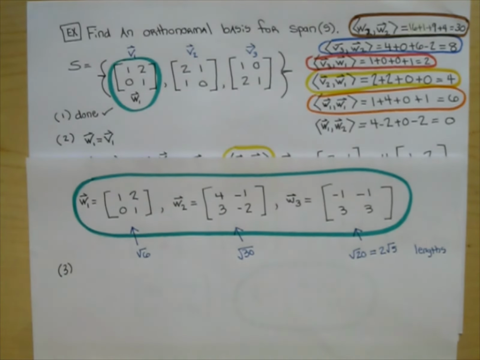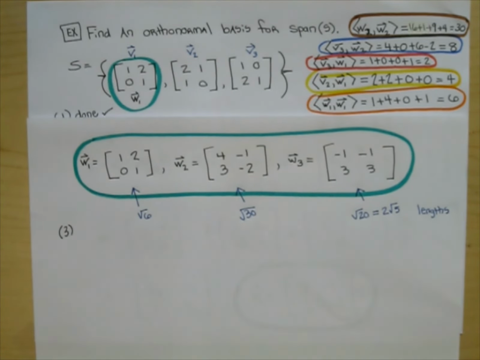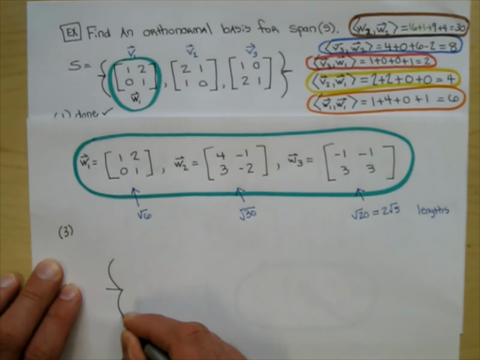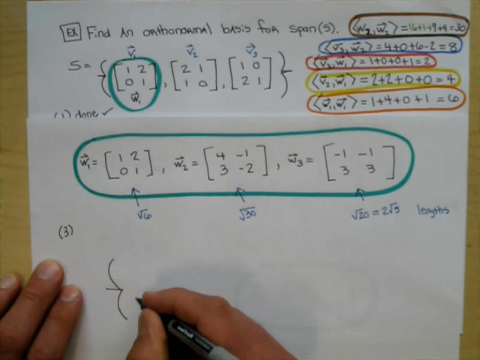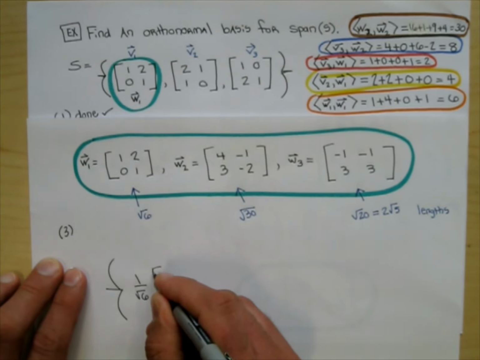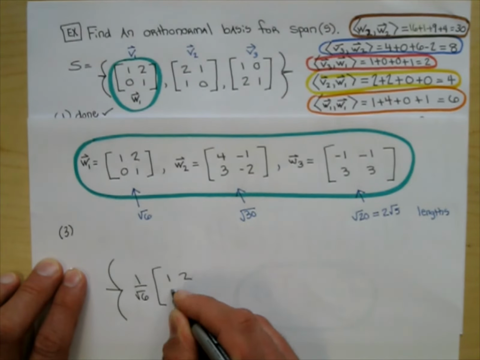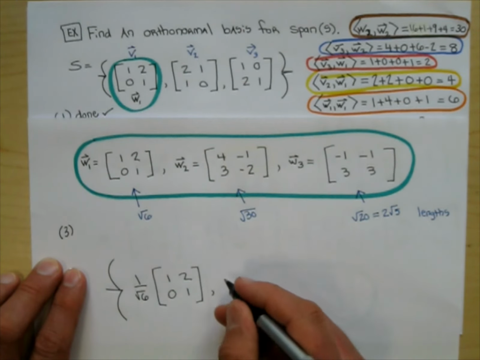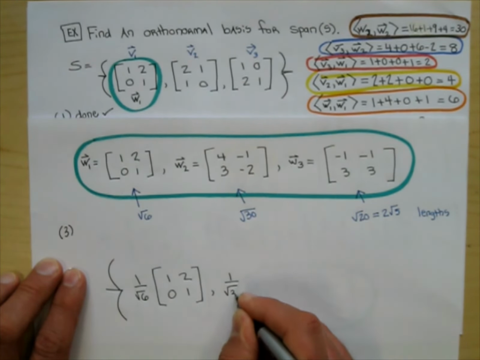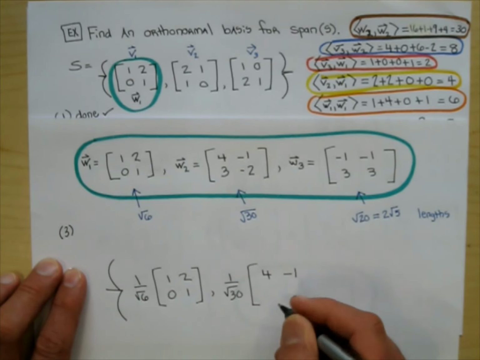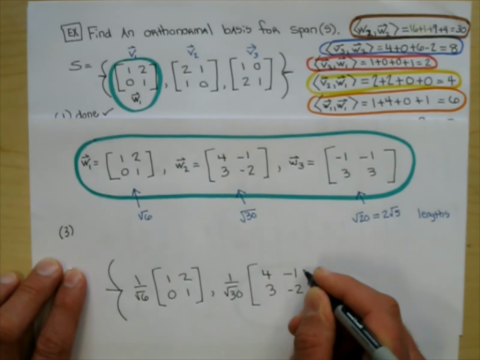So step 3 really isn't that bad. Step 3 says, let's just go ahead and write out the answer now. Your U1, U2, and U3 look like this. So 1 over root 6, I'm normalizing this vector, 1, 2, 0, 1, comma, 1 over root 30 times this vector, 4, negative 1, 3, negative 2.